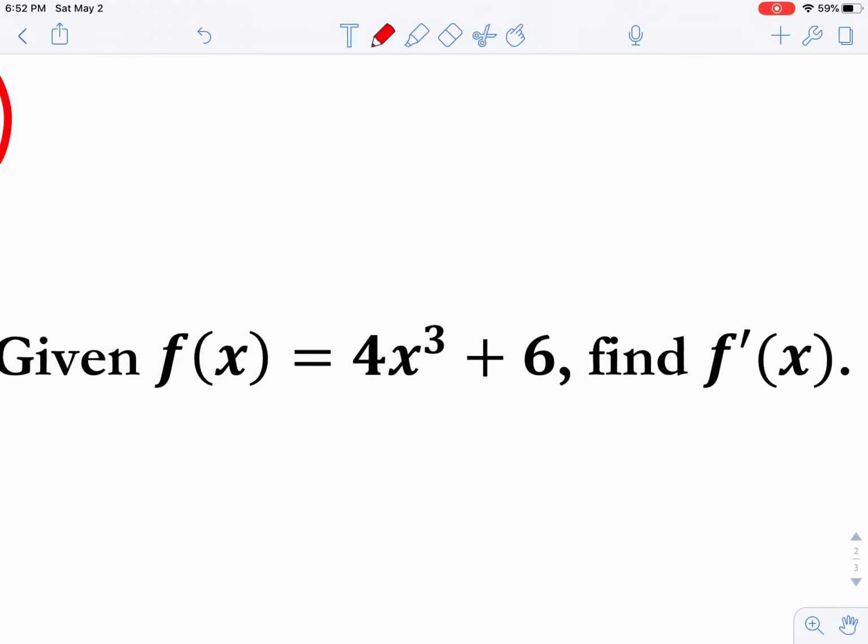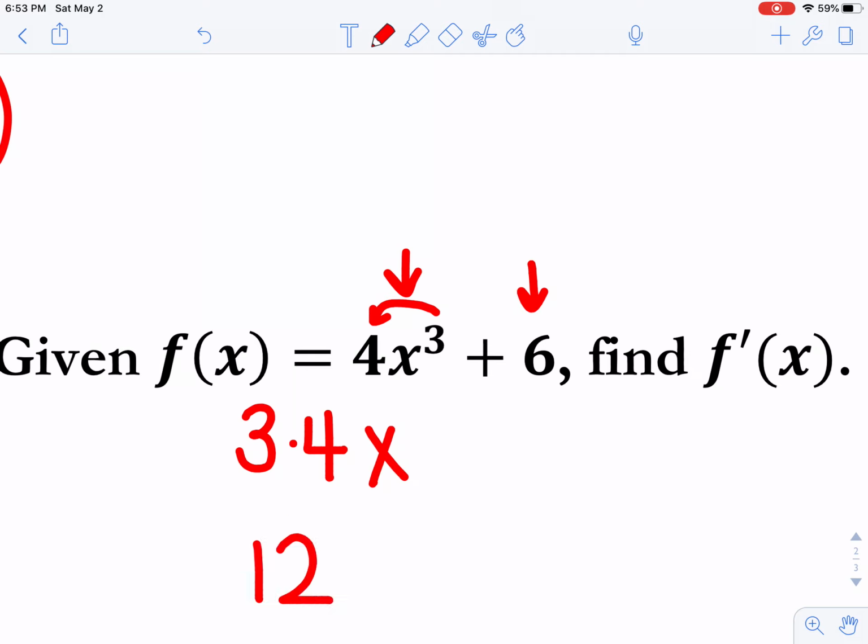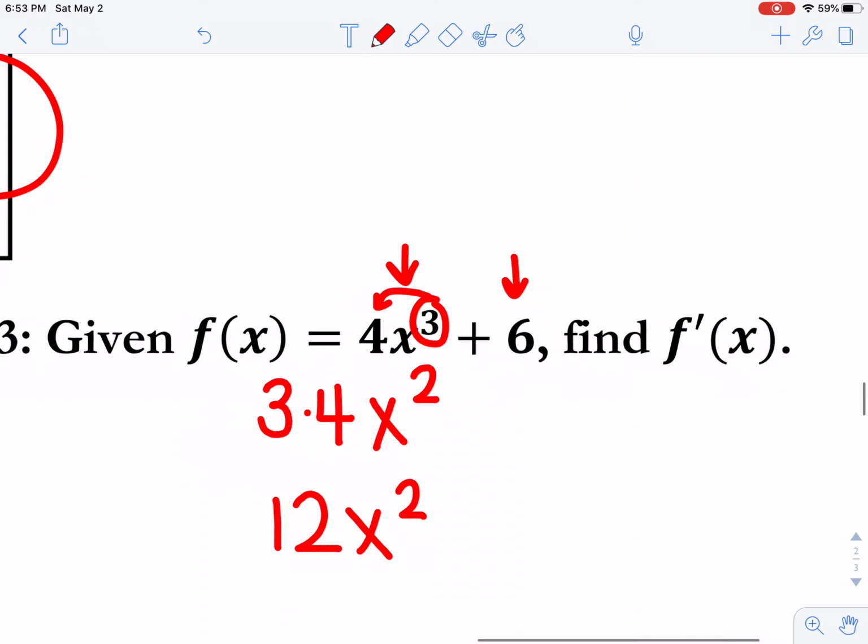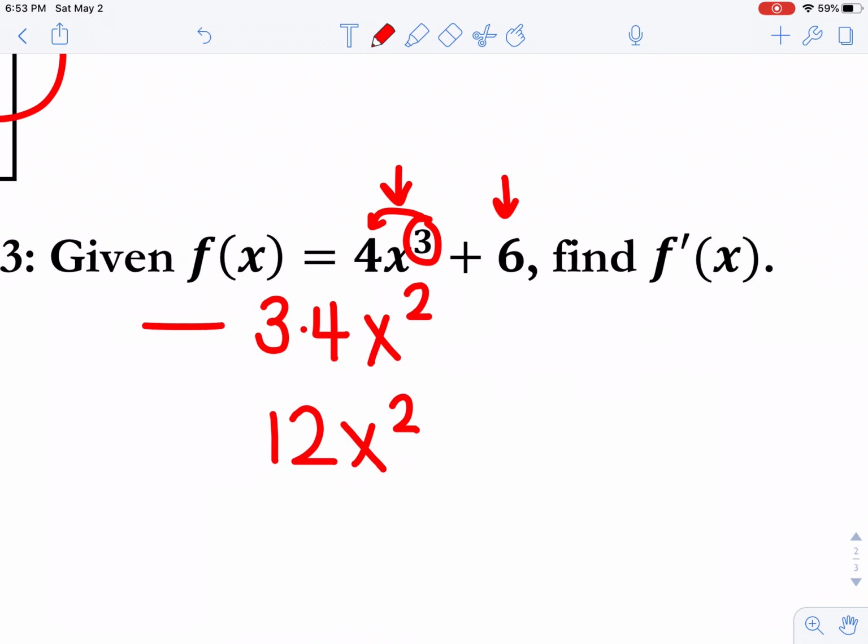Okay, so you're going to do this derivative in parts. The first part is the first term. Drop the 3 down. Now this is a situation where I do have to multiply. So 3 times 4 is going to give me 12x, and then reduce the power down by 1. So the power goes down to 2. Now, I don't have to write this out.